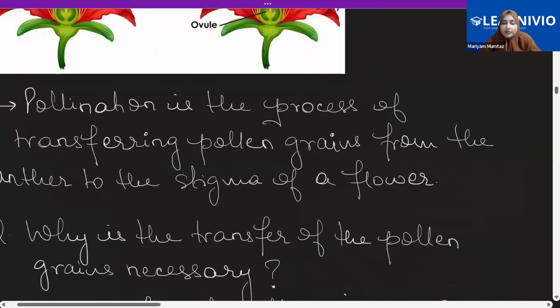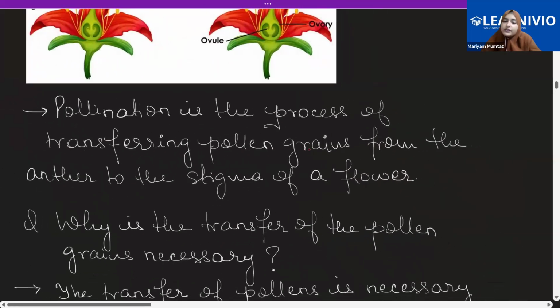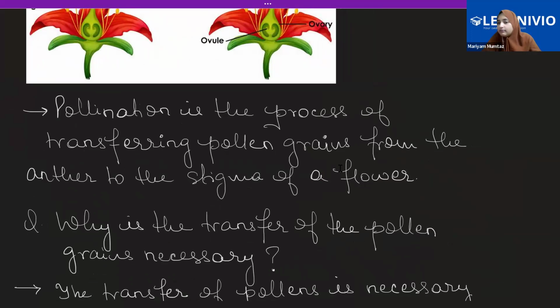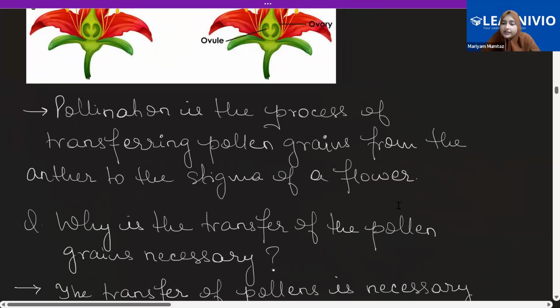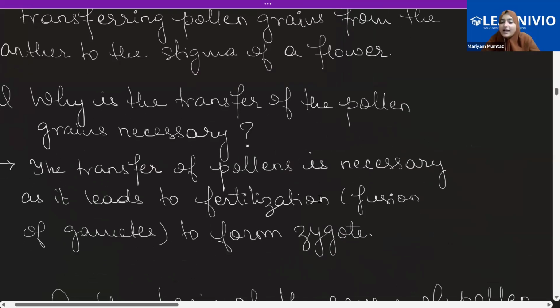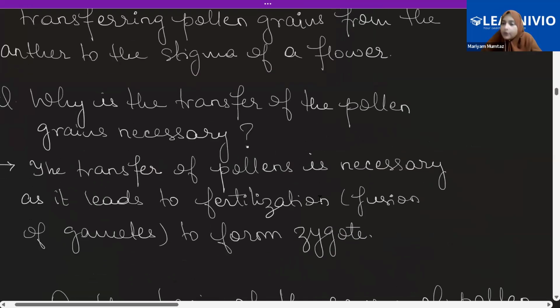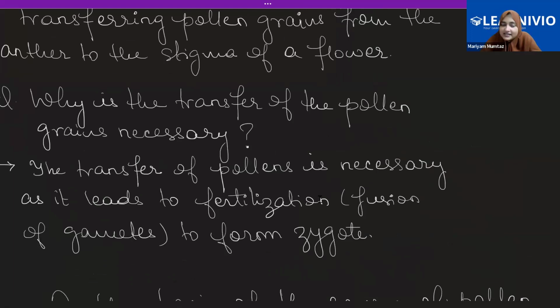So when we talk about pollination, it is the process of transferring the pollen grains from the anther to the stigma of a flower. The general definition of pollination is this only. Furthermore, why does this need to happen? Why is pollination important? Why is it necessary?